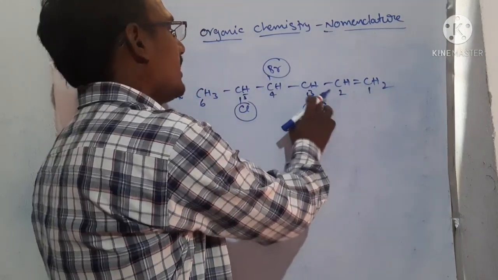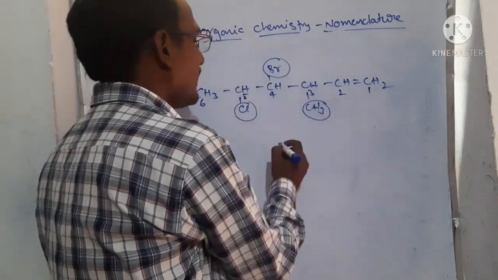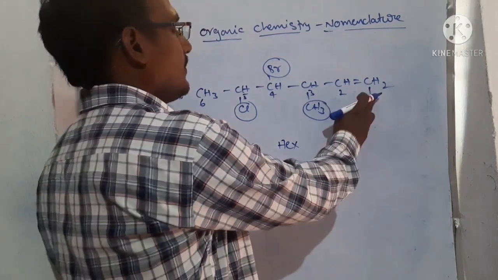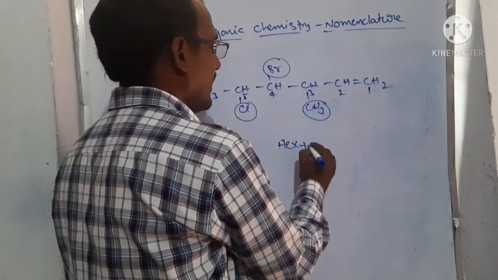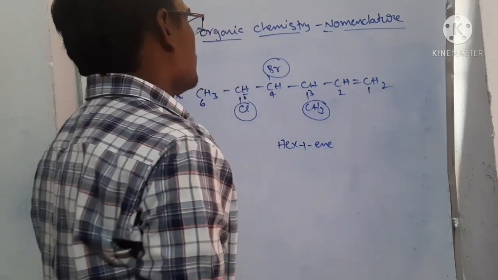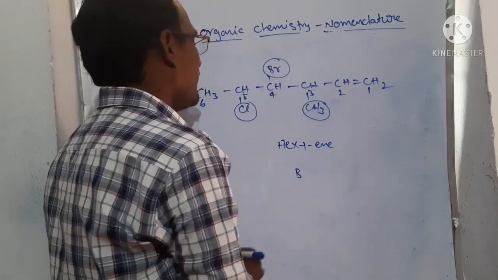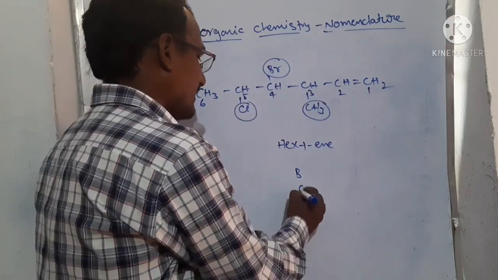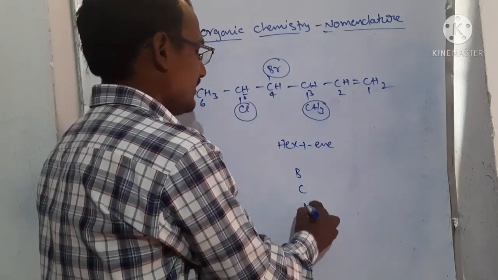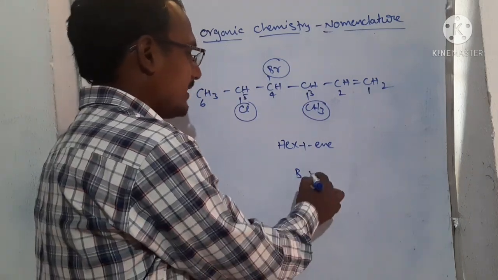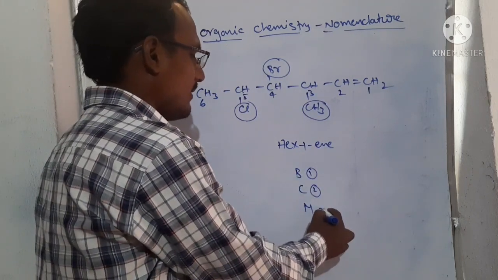So 1, 2, 3, 4, 5, 6. The root word is hex, right? In the first position there is a double bond, so 1-ene. Here 3 substituents are there: bromo, chloro, and methyl. In alphabetical order, B is 1, C is 2, and M is 3.